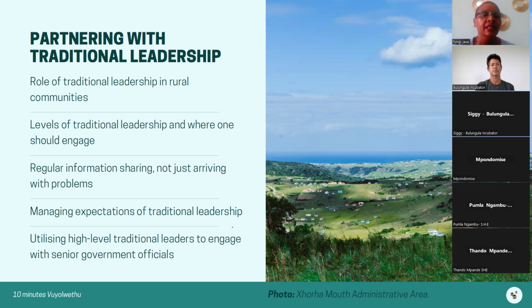And in traditional leadership, we have different levels, if you want to call them, which you should always engage with. For example, in any village, you will always have an ibodi, which some people call a sub-headman. That's where the engagement starts because that is within the community that we are working with. So the ibodi or the sub-headman represents the traditional leadership in that small area that we are located within.